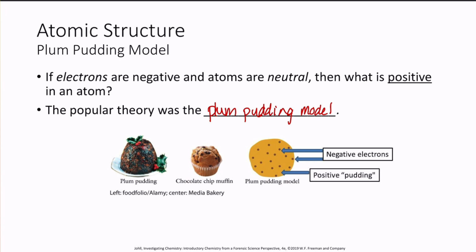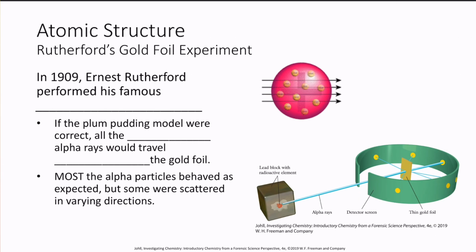Now, Ernest Rutherford in the early 1900s, around 1909, performed his famous gold foil experiment. And what's crazy about this is he designed this experiment to prove the plum pudding model. So this would be an example of what was expected if the plum pudding model of an atom was correct.